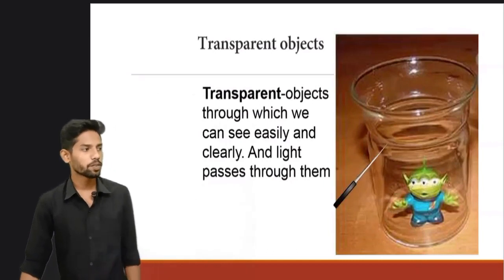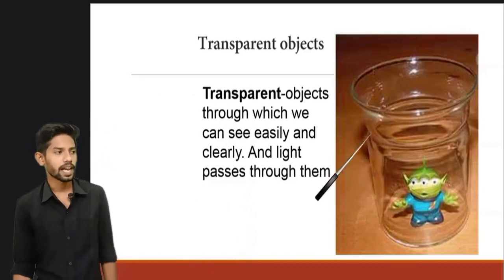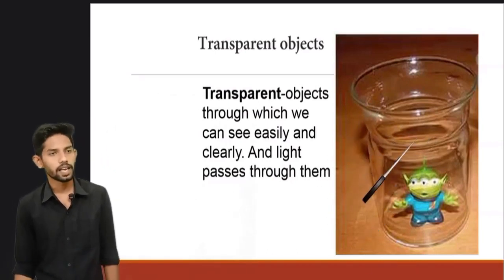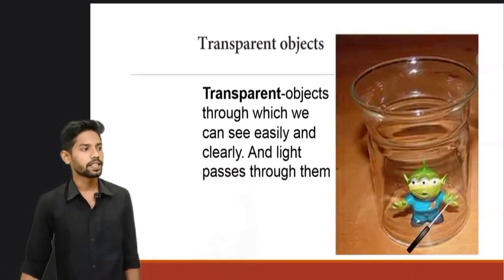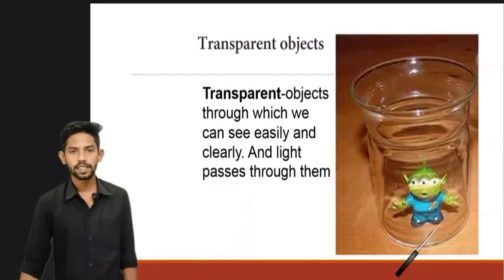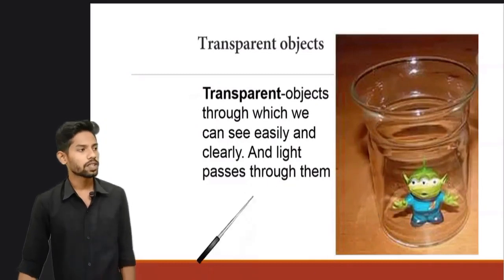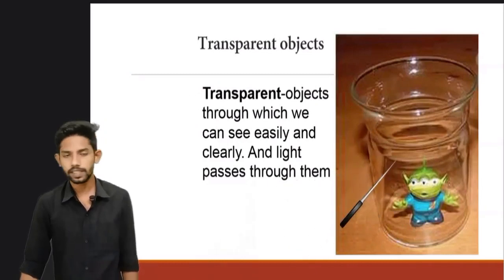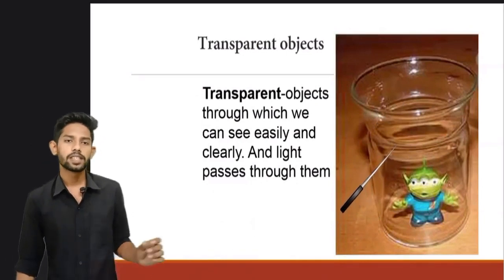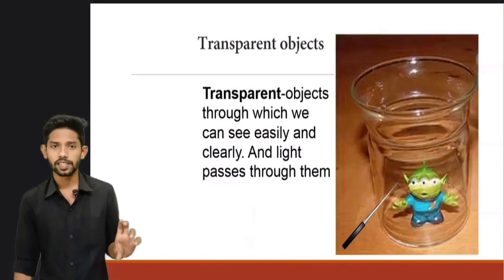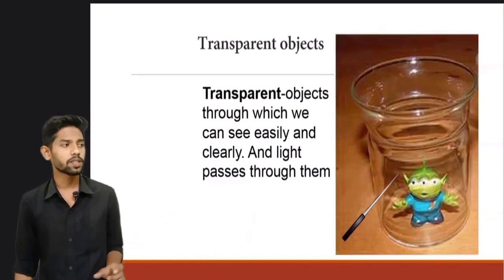Now students, you can look here, there is a glass present, and in the glass you can see the doll present inside. Now the light is passing from outside the glass and we are seeing the doll clearly, present inside the glass. So these are transparent objects.